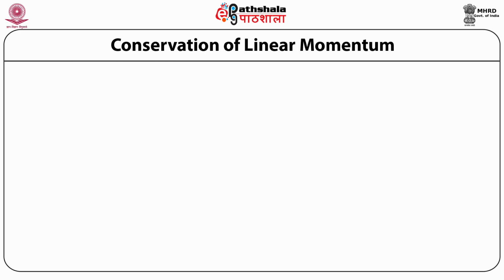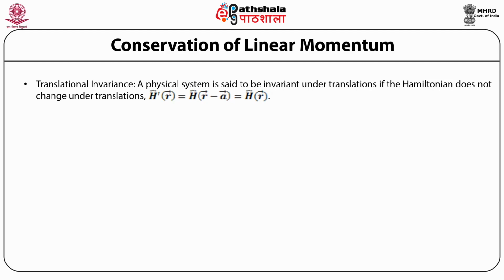Conservation of linear momentum. Now, taking our discussion for the conservation of linear momentum further, let us see how we can get this result from translational invariance. A physical system is said to be invariant under translations if the Hamiltonian does not change under such a translation.